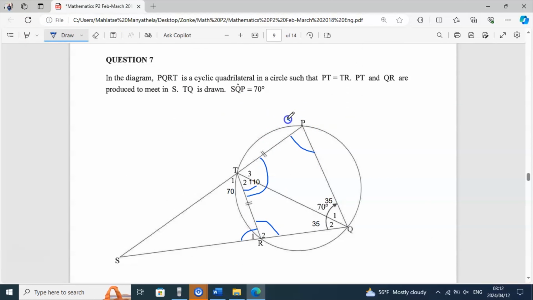We're going to say PT over TS is equal to RQ over RS. And the reason for this will be line parallel to one side of a triangle, or you can say prop theorem.